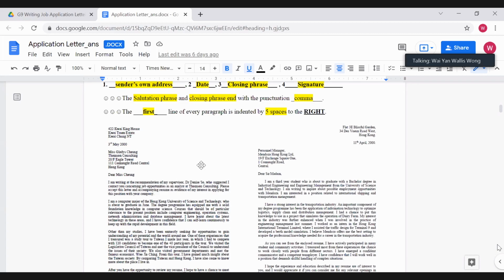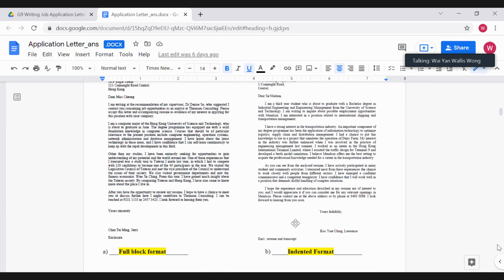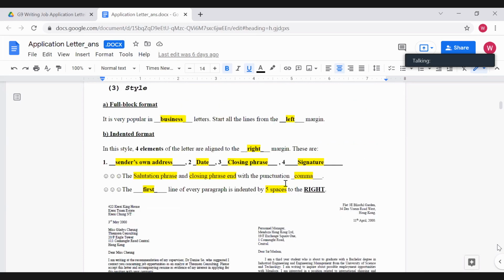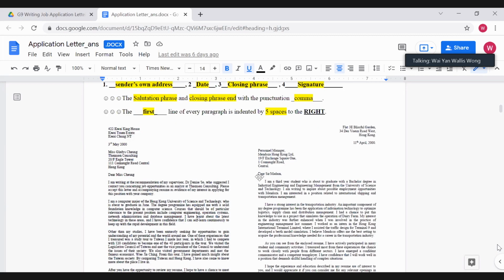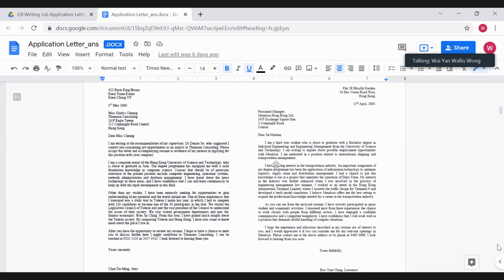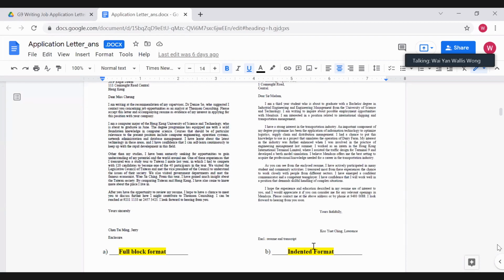In both formats, you need to pay attention to "Dear Sir", then you need to use "Yours faithfully". If you choose to use indented style, then each paragraph should have spacing at the beginning. So that is indented. That is the first step before you start writing.